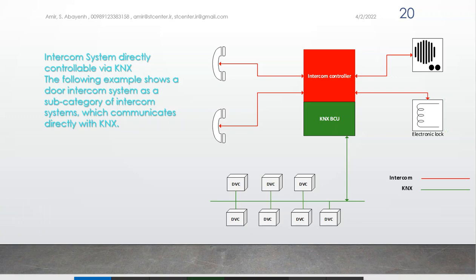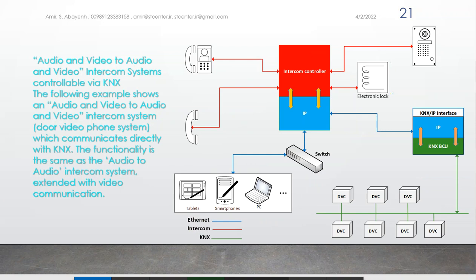But this is nowadays almost not so popular. The popular one comes with the IP interface. This example is an audio and video intercom system, a door video phone system which communicates directly with the KNX. The functionality is the same as the audio to audio intercom system extended with the video connection.